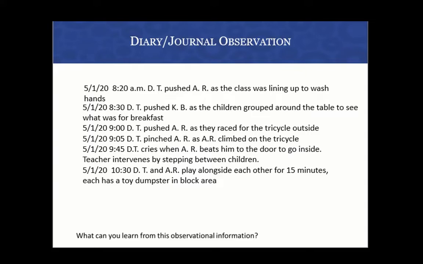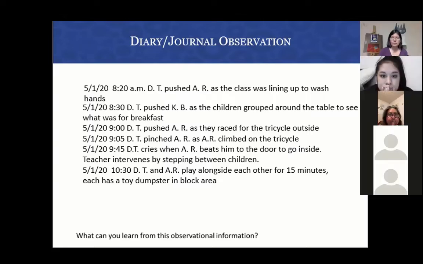In the chat, please tell me, or you can say it out loud, what kinds of information can we learn from this journal? DT wants to be first for everything. He doesn't like to be beat.